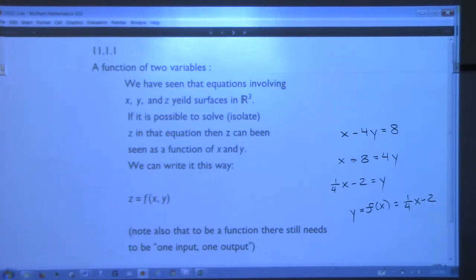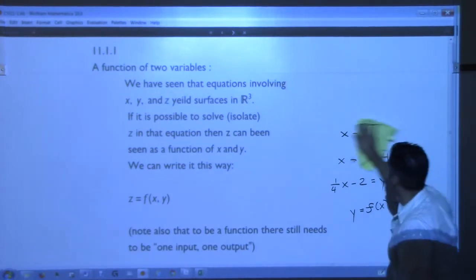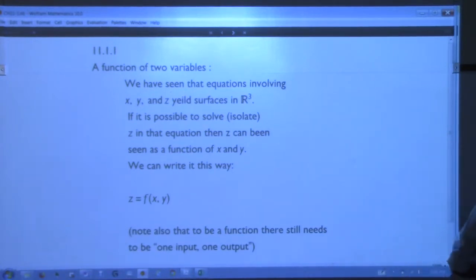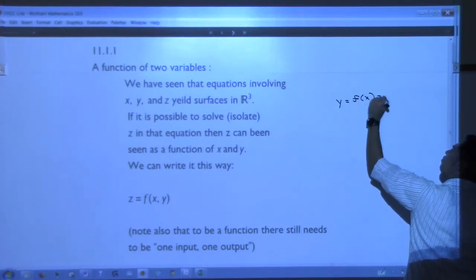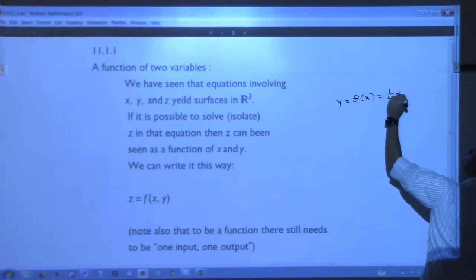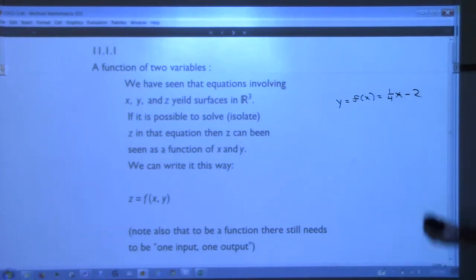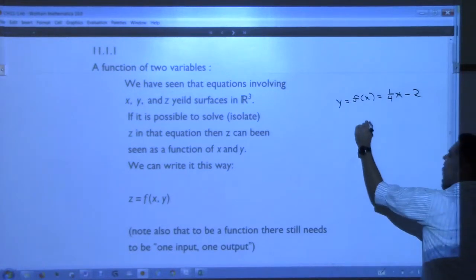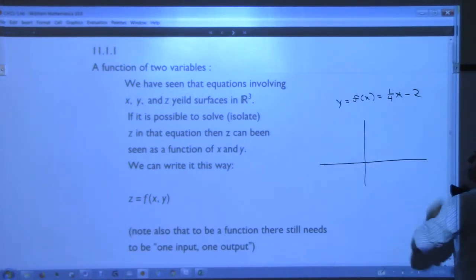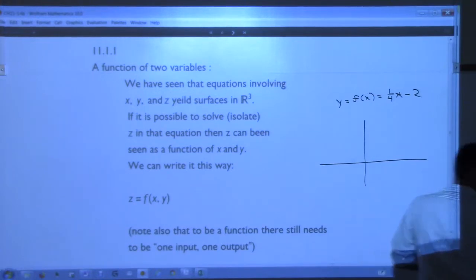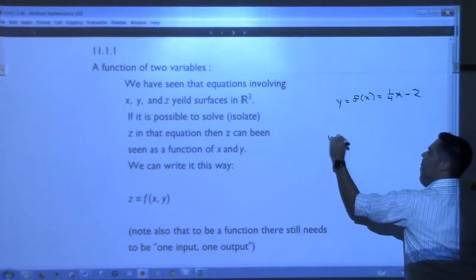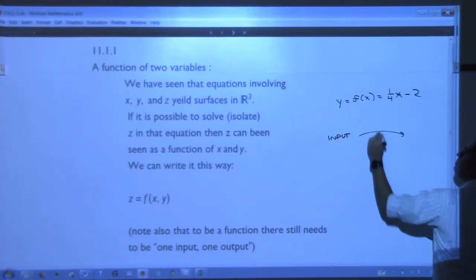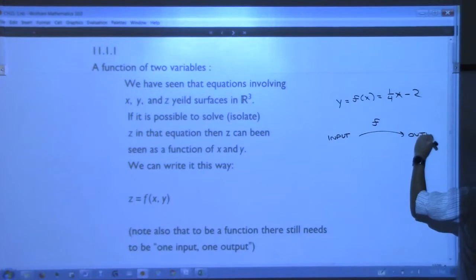I should also illustrate to you that when it came to graphing, when we had y equal to some function of x, which is 1/4 x minus 2, when we wanted to get a visual idea of what this looked like, we said to ourselves, look, we have input, goes through the function f, and we have output, right?